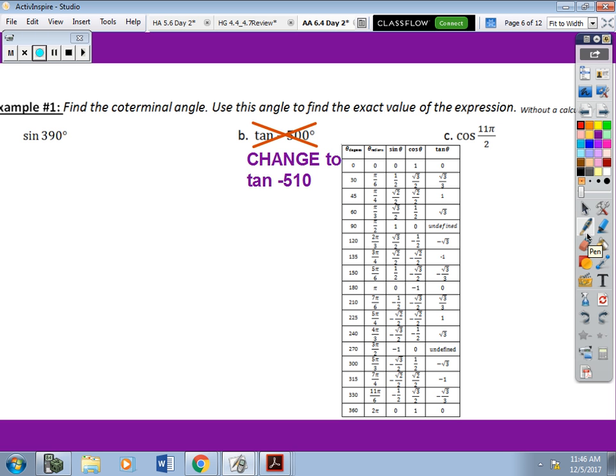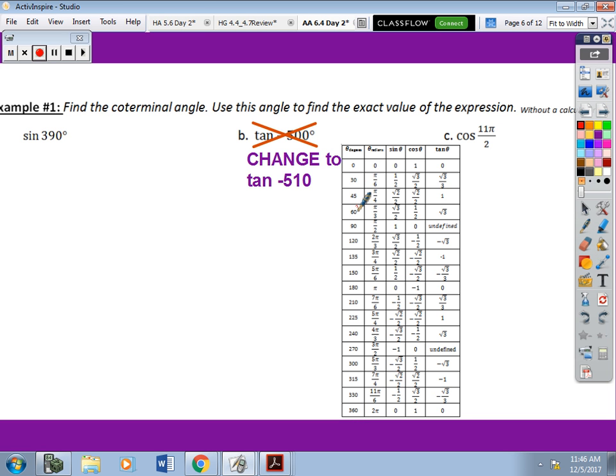The reason we're going to use coterminal angles is that 390 is not in my chart. So if I want to find the sine of 390 without a calculator, I can't do it using my chart. We're going to take away one whole revolution and find out what the angle is. We also don't have negative angles on our chart.